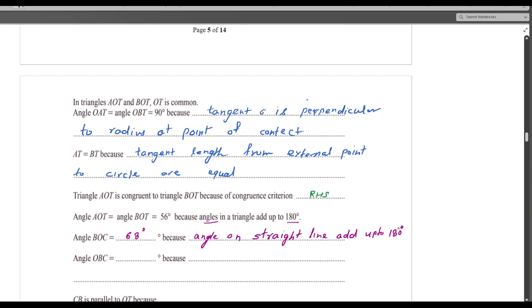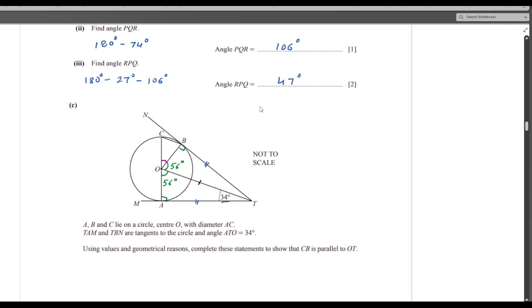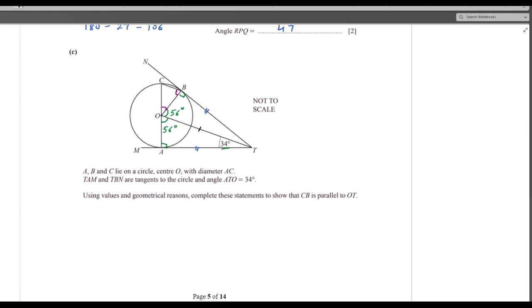Angle OBC. Now this time if you see, triangle OBC is an isosceles triangle, as OC and OB are radii, so they are going to be equal to each other.